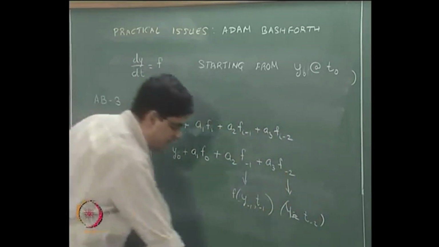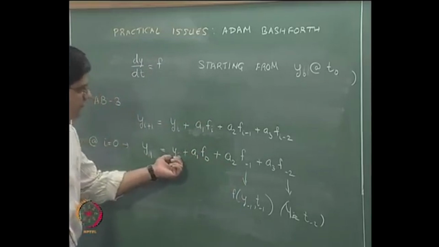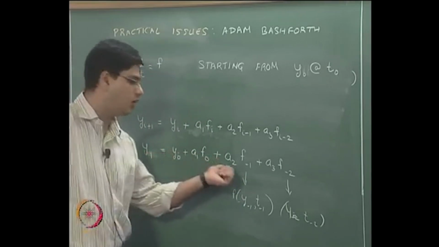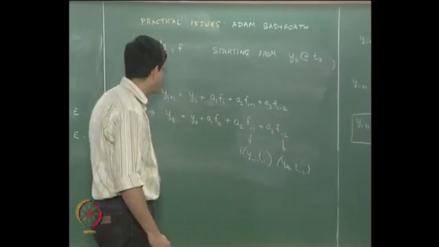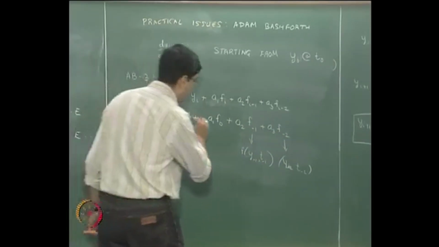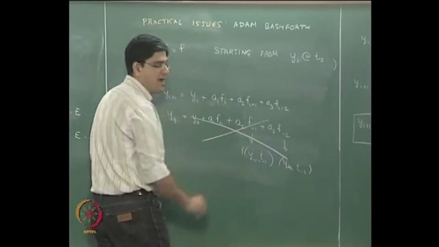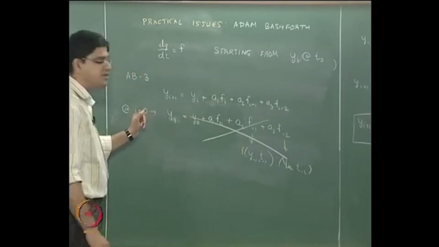Okay. Keep in mind that we know the value at y0, we do not know the value at y_{-1}, we do not know the value at y_{-2}. So at i equal to 0, the Adams-Bashforth method cannot be used.